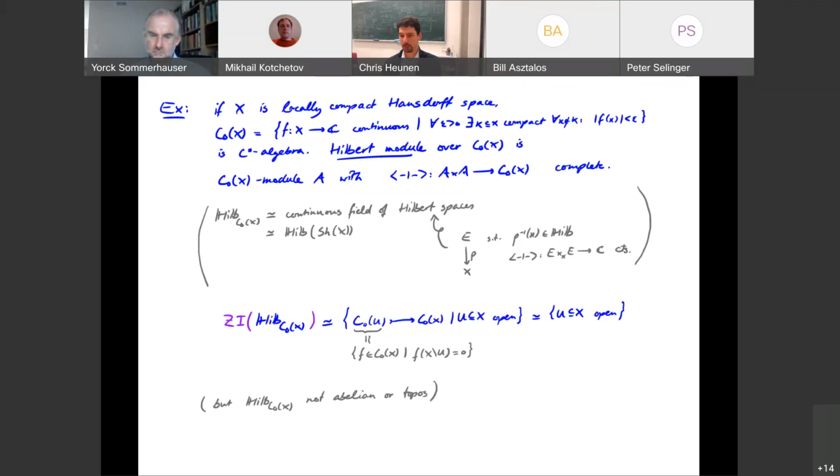In the Banach space C_0(X), I want that sequence to be Cauchy, and I want there to exist an element a of A such that that sequence converges to the inner product of little a with itself.